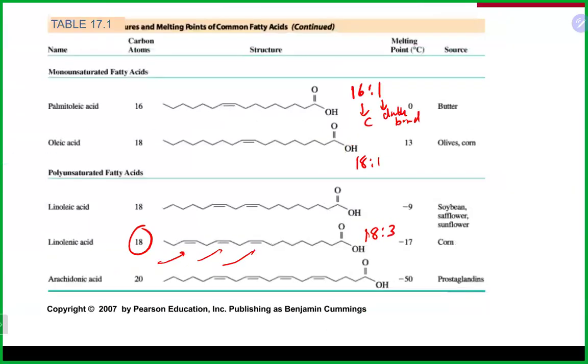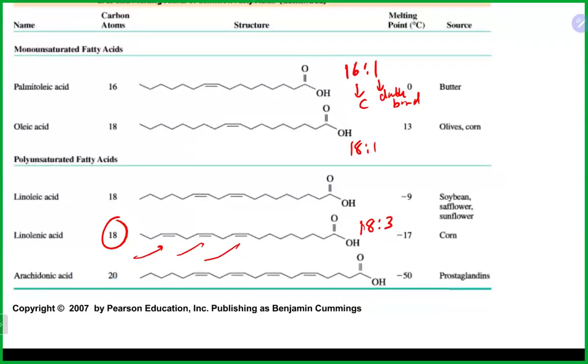If you look at, for example, the melting point, the one with only one double bond has a melting point of 0. The one with one double bond has a melting point of 13. Now down here we got kind of a 18-to-2, 3, and even a 20-to-1, 2, 3, 4.